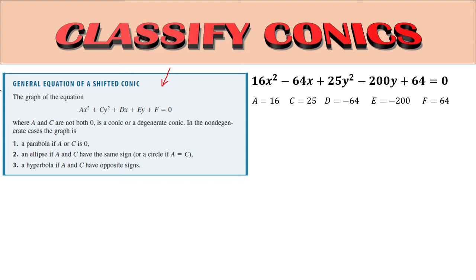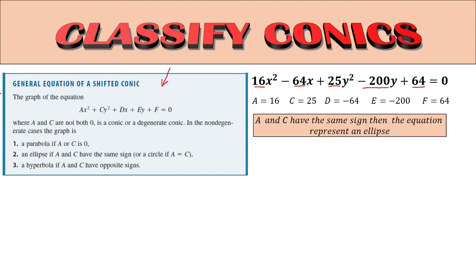C is the coefficient of y squared. This is C here, and this is A. D is the coefficient of x, this one. E is the coefficient of y. And F is the independent term, the constant. Then, using these values and the criteria, you can decide what conic the equation in general form represents.